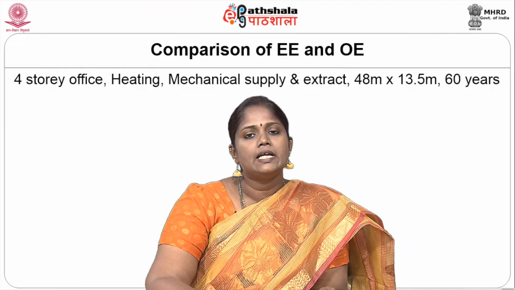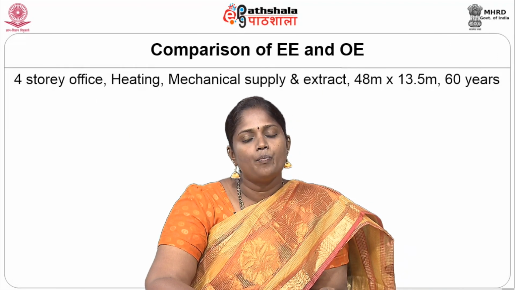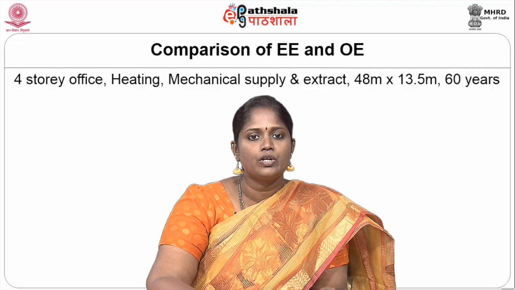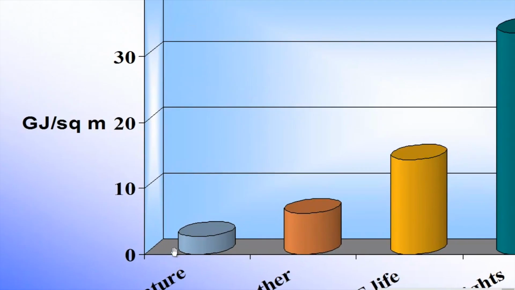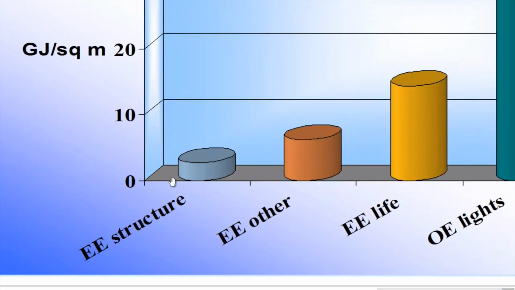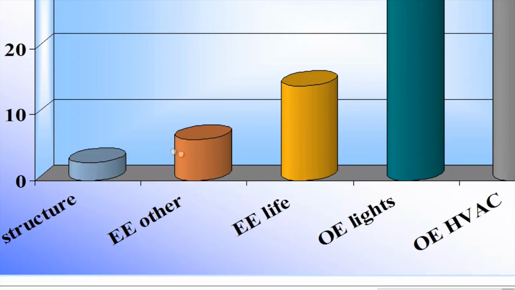Comparison between the electrical energy and the operational energy for the same 4-story office building of size 48 meter by 13.5 meter and a period of about 60 years. The y axis gives the gigajoules per square meter in terms of operational energy and electrical energies, and the x axis gives the components.